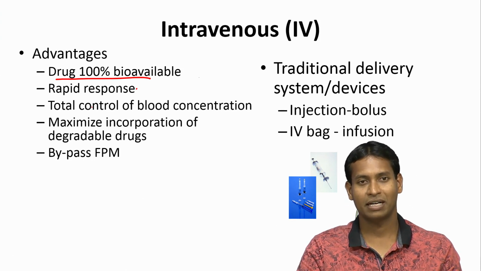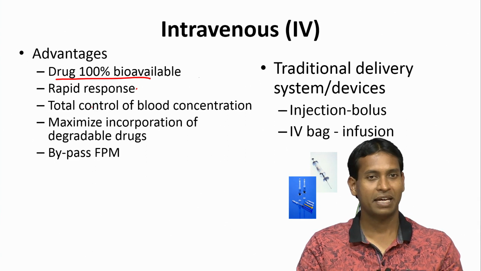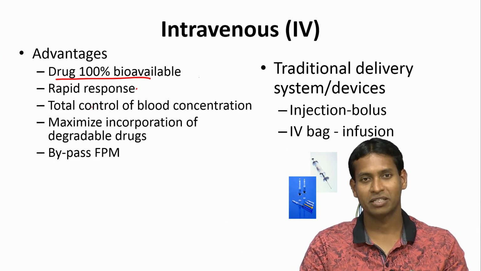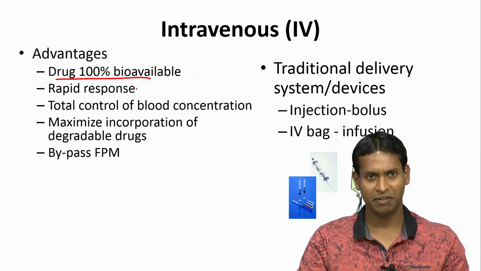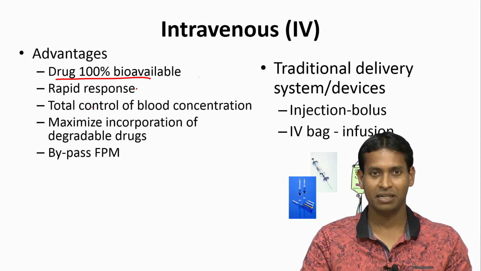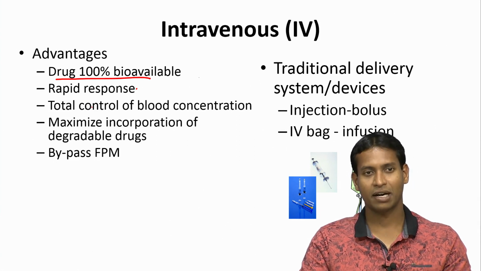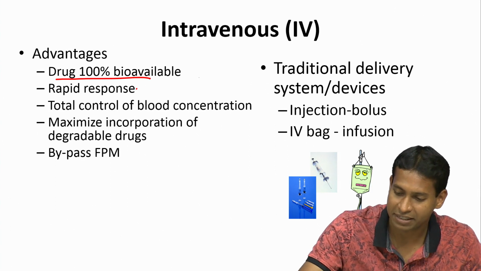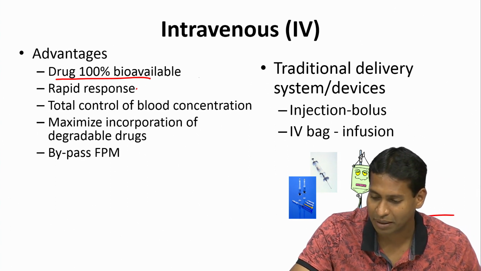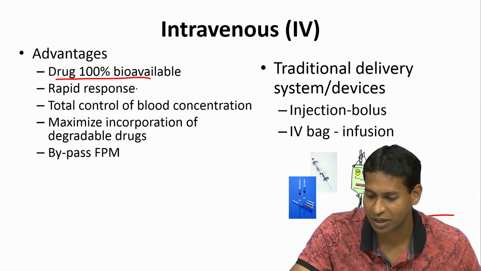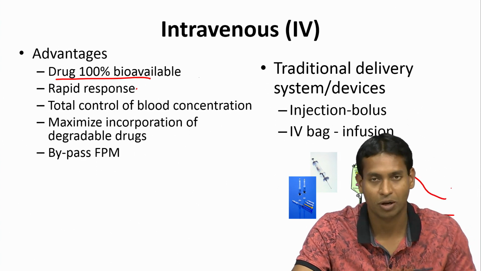So, all of that variability is still there, but in the IV injection you know that whatever you injected is immediately in the blood even before it gets eliminated. So, you have a fairly well controlled pharmacokinetics. Immediately you will have a certain blood concentration and only then it will start to drop out.